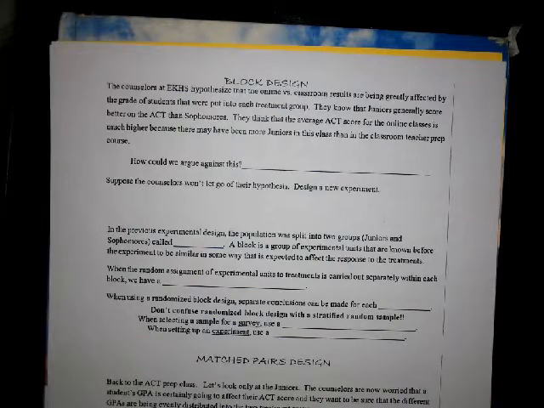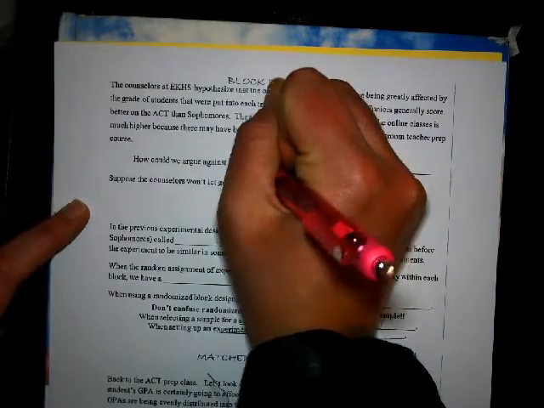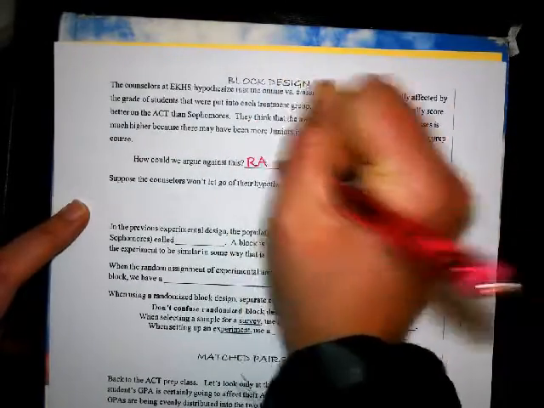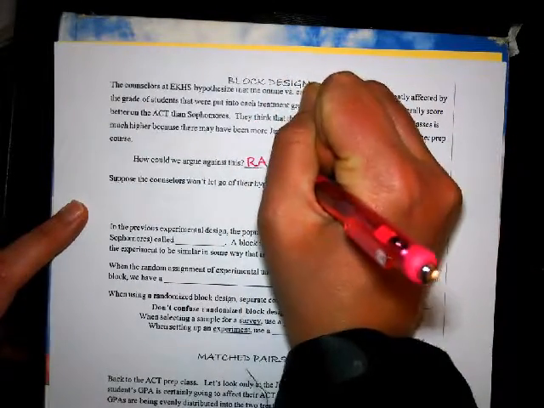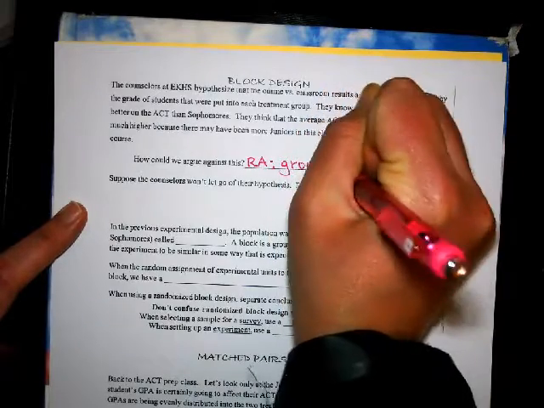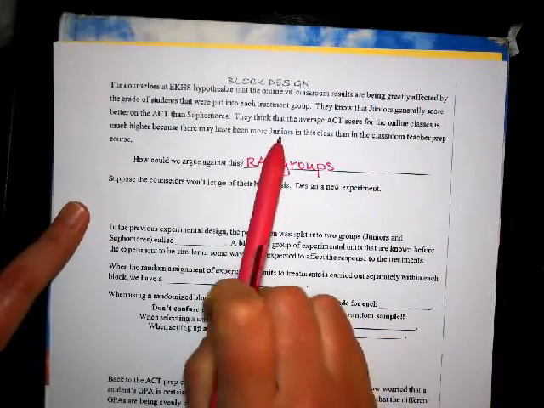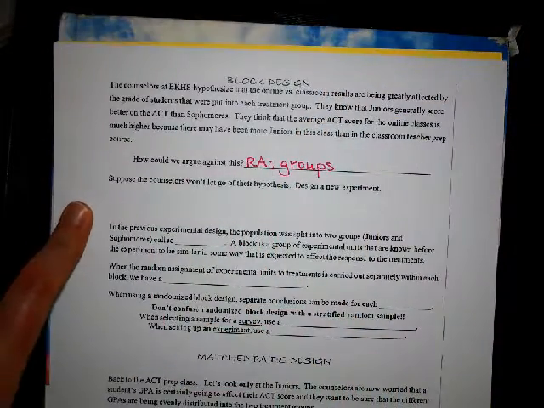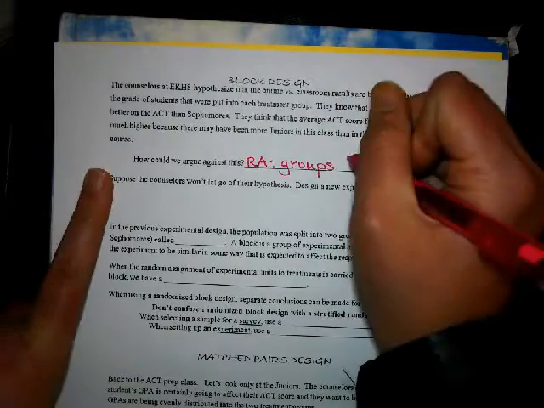How could we argue against it? So one argument is that we used random assignment. In theory, random assignment is supposed to make the groups similar so that we don't have to worry about there being more juniors in the online and more sophomores in the teacher class.